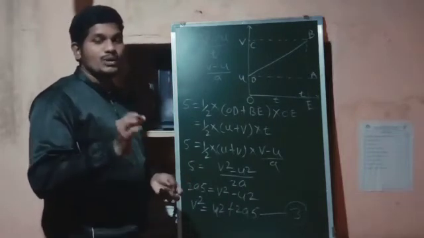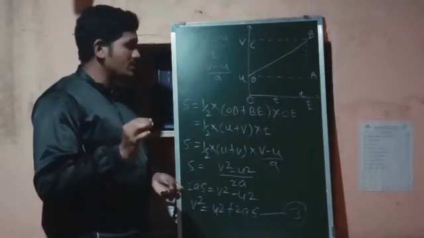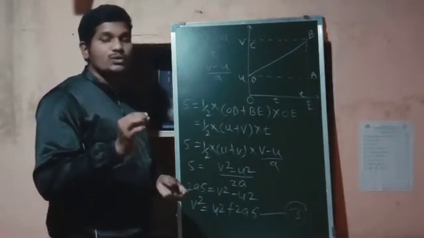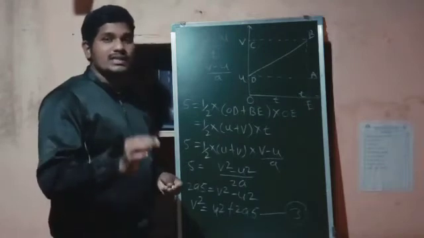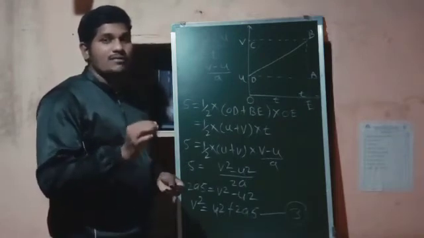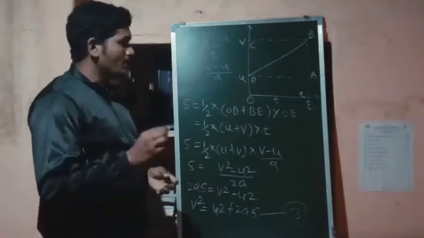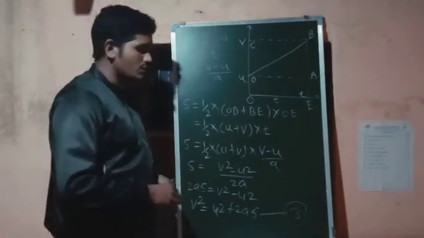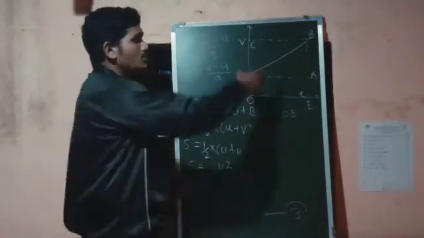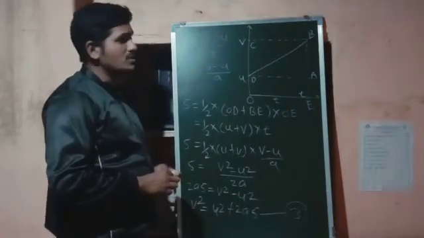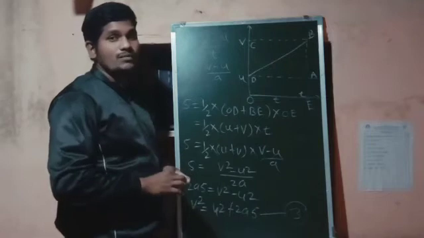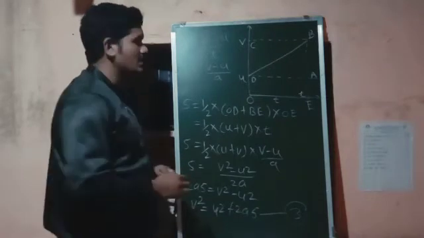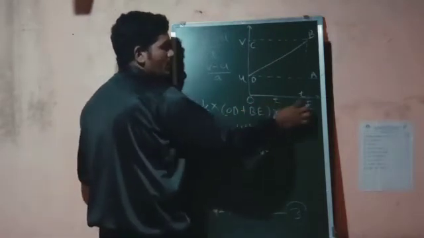I hope you have got this derivation, because I have taught it in the simplest language, but for those students who still do not understand this derivation, I will just repeat it. First of all, we used this diagram and found the area of the trapezium, trapezium BOEB.